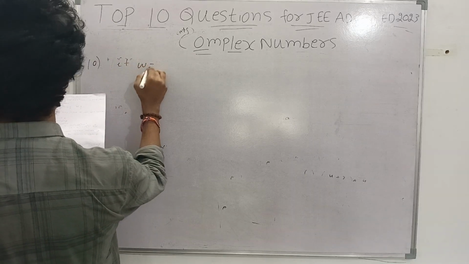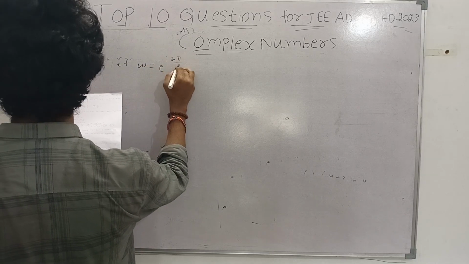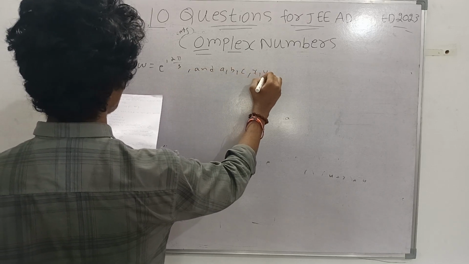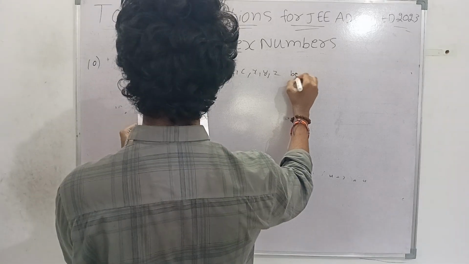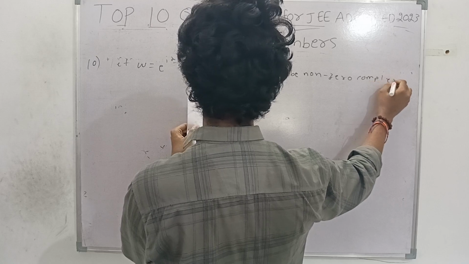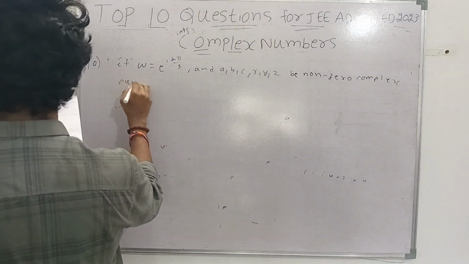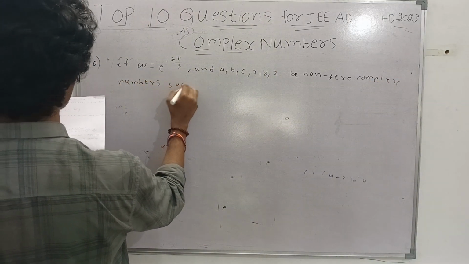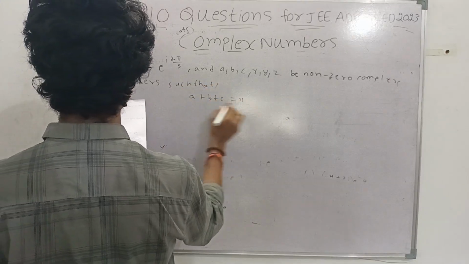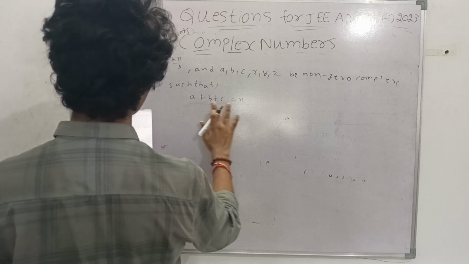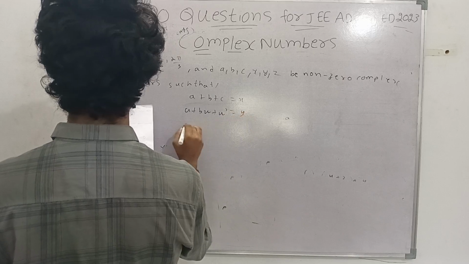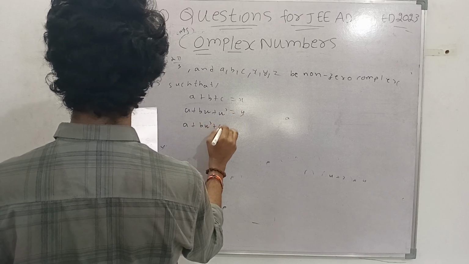Let omega equal to e power i 2 pi by 3, and a, b, c, x, y, z be non-zero complex numbers such that a plus b plus c equals x, a plus b omega plus c omega square equals y, a plus b omega square plus c omega equals z.